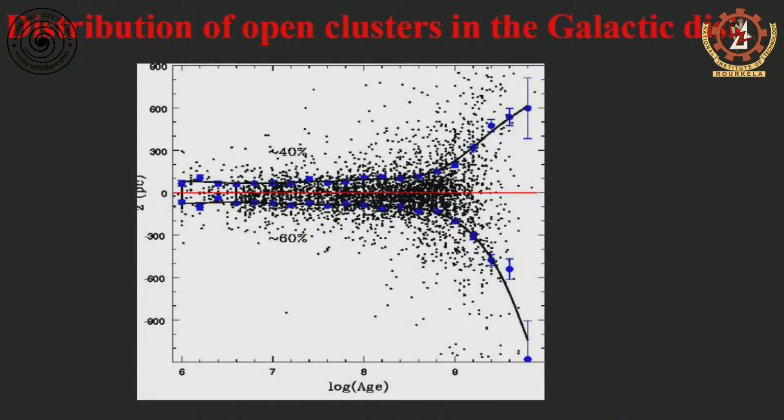A good number of clusters are away from the galactic plane. Just to see the trend, we have determined the mean value of Z, and we can see that up to almost 700 or 800 million years, this is almost constant.